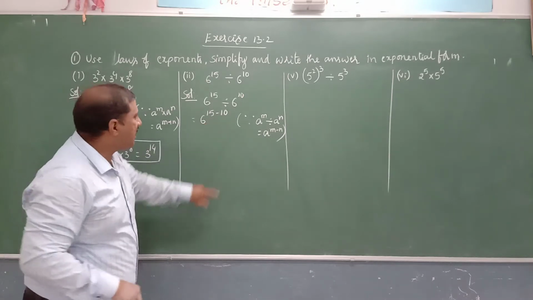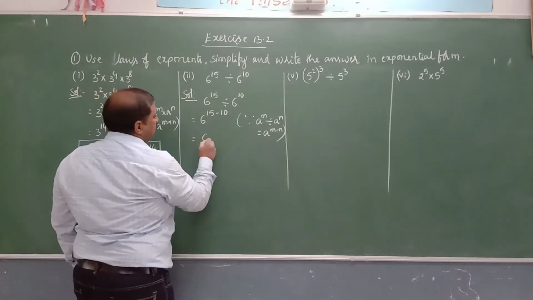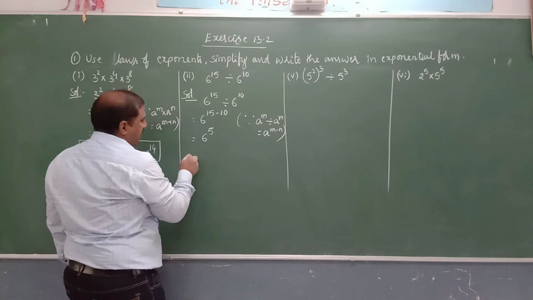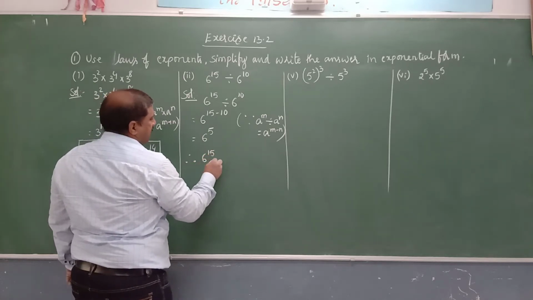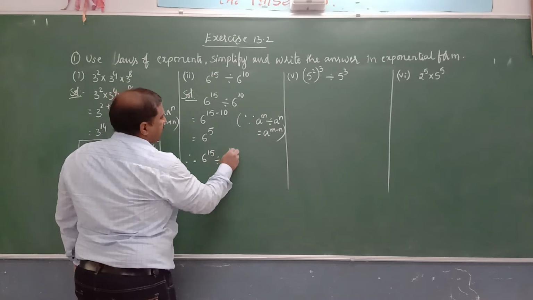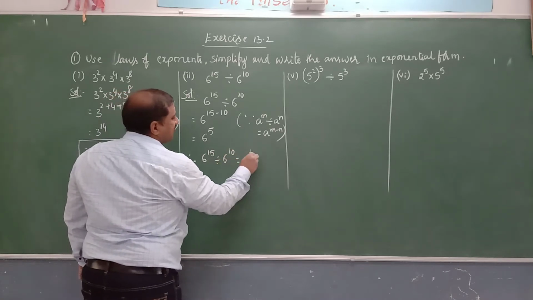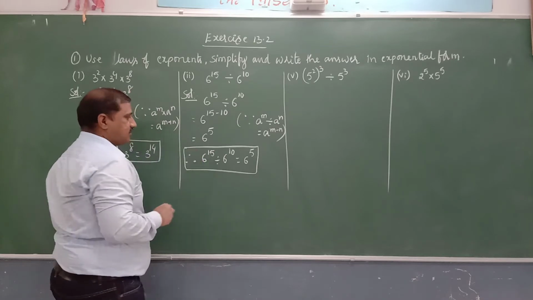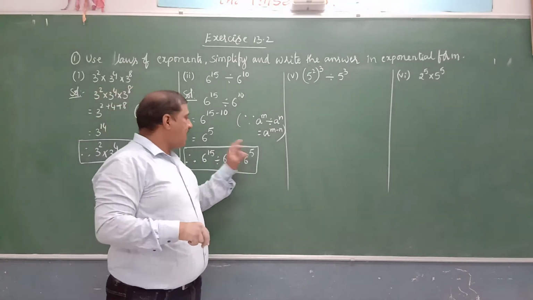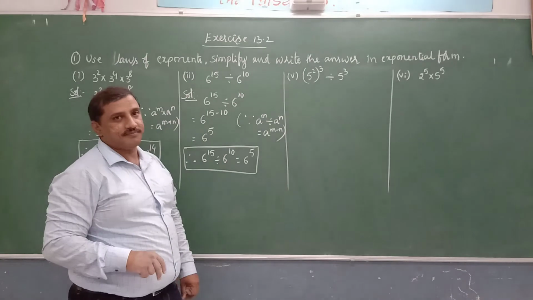It is 5. Therefore, it is 6 to the power of 5. Hence, 6 to the power of 15 divided by 6 to the power of 10 is equal to 6 to the power of 5. Like this, we write the result of the answer in the exponential form.